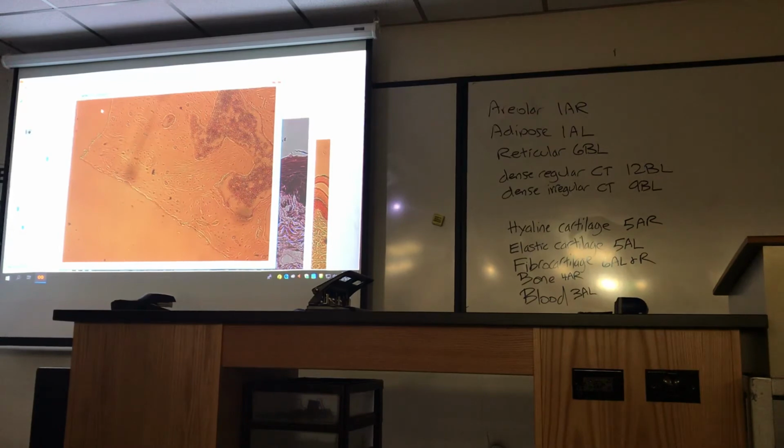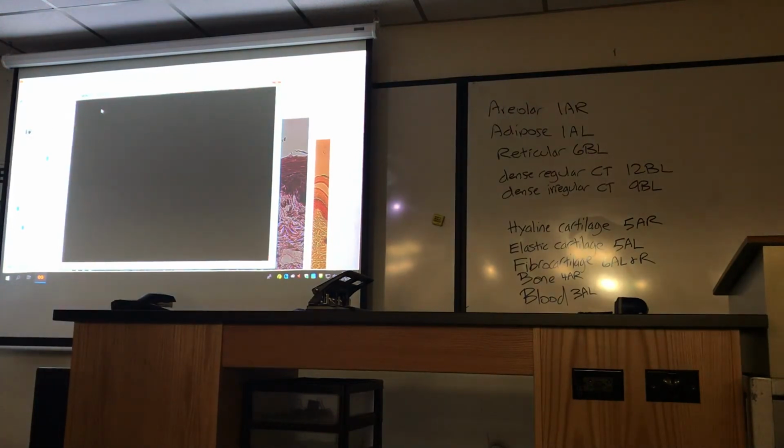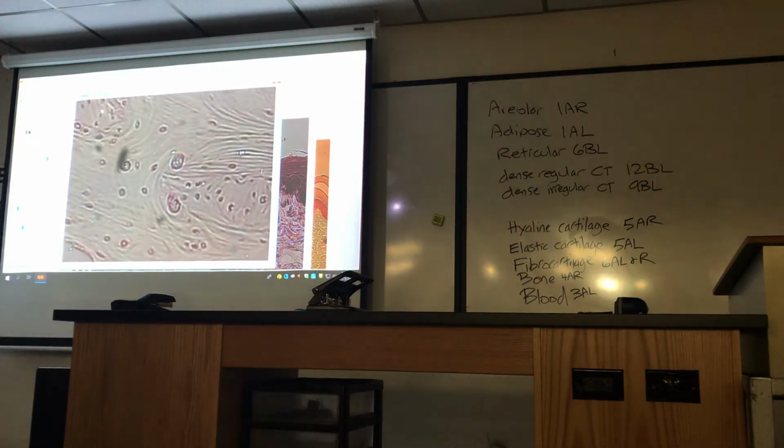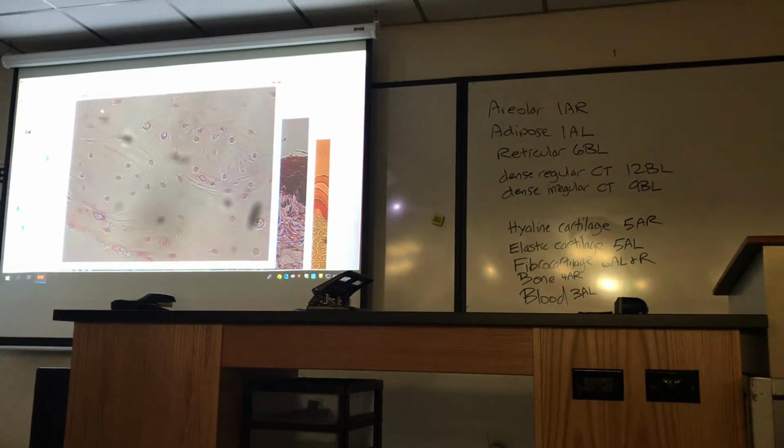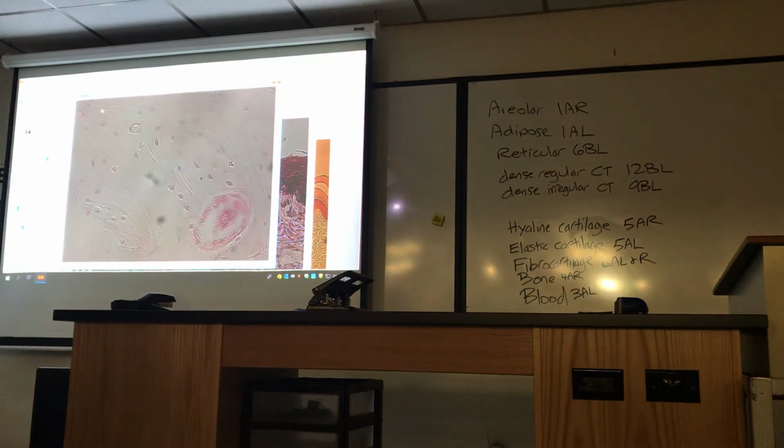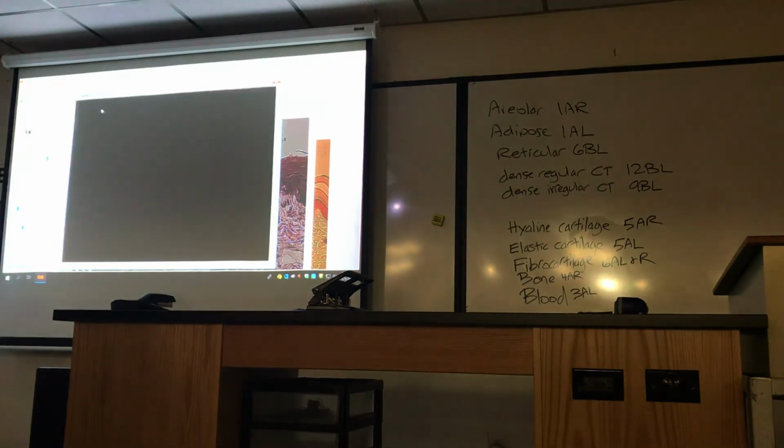Remember, this is the one where I'm looking for the zigzags. Let's see here. Man, not seeing it there. Thought I would. Let me pull back and go to a different area of the slide.